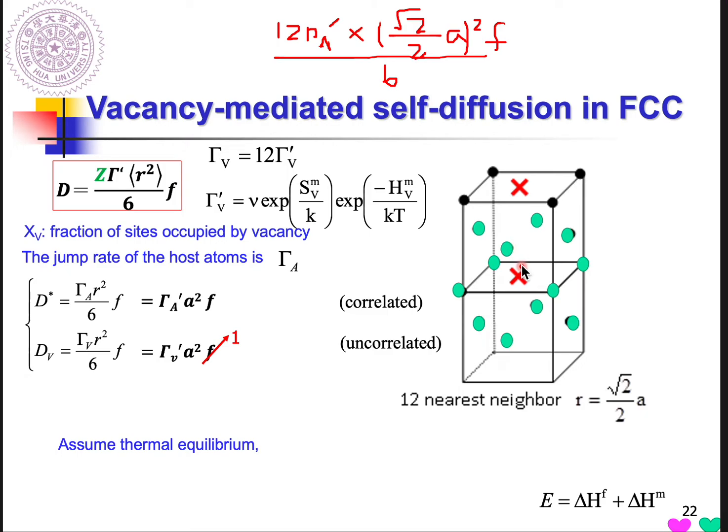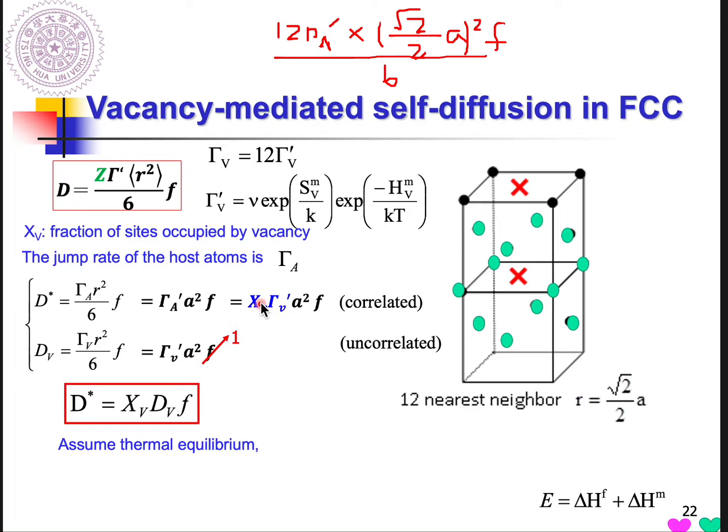So gamma A prime, the atomic jump rate for atoms, is limited by XV, the atomic fraction of vacancy, times the jump rate for vacancy in a specific direction.